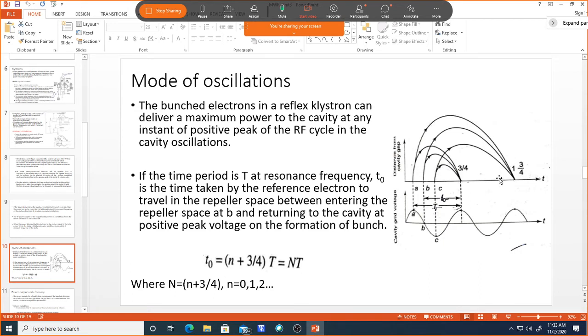That's why we take the lowest mode as 1 3 by 4th, which gives the maximum power and produces the microwave oscillations properly. So in the reflex klystron, this is the lowest mode.